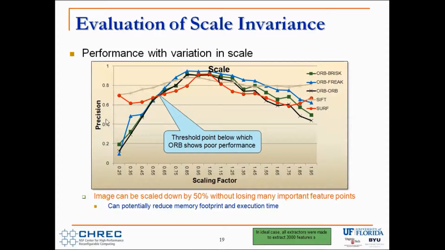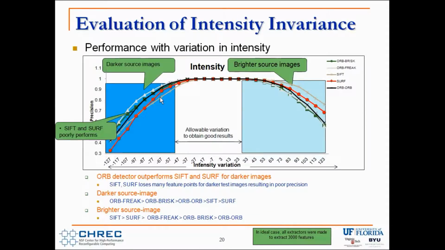However, ORB and its variants do not perform well, and the confidence in matching reduces below 50%. This indicates that we could perform image matching by scaling down to 50% at most. This decreases the execution time and increases the performance.